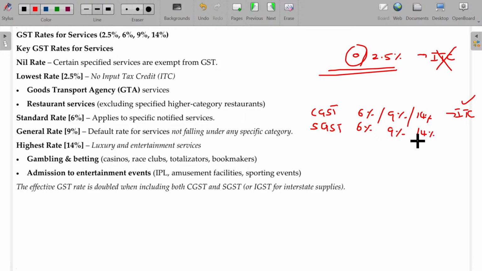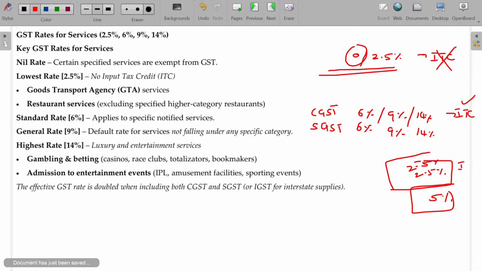If you go to the restaurant, what is the GST rate mentioned in that invoice or bill? In most of the cases, 5 percentage: 2.5 percentage and 2.5 percentage. So it's all about composition levy, where we cannot enjoy the ITC. Okay, even if you are getting it for your business purpose, yet you are not eligible for ITC here, because it's not a regular one, lower rate.